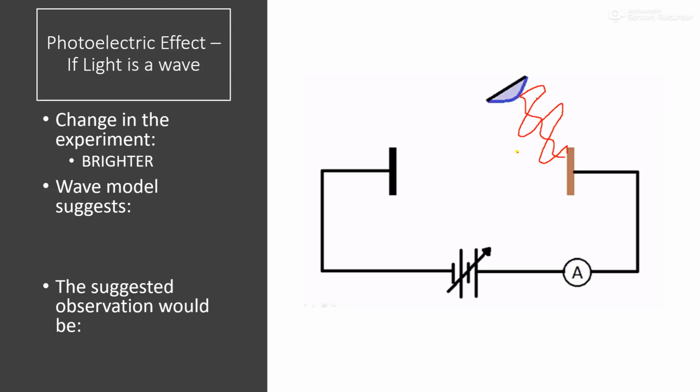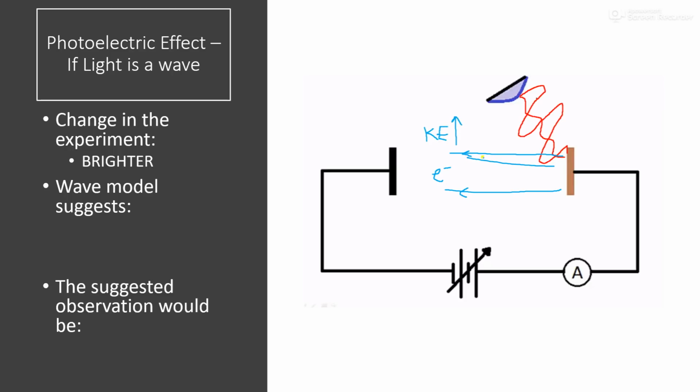Now remember what we say about a wave. The brighter I make the light, the bigger the wave becomes, and I can assume that there is more energy in that wave, because that's how waves carry energy, in the largeness or the amplitude of that wave. So if I have more energy in the wave, then the electrons within this photoemissive plate are going to receive more energy, and they're going to be ejected from the plate with a high amount of kinetic energy.